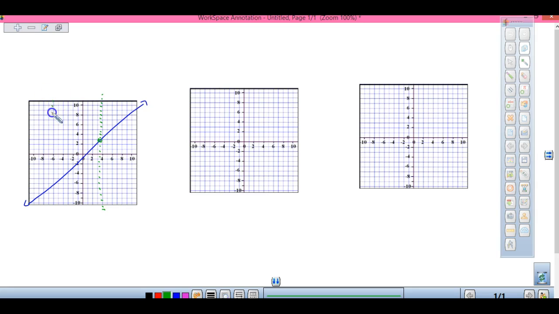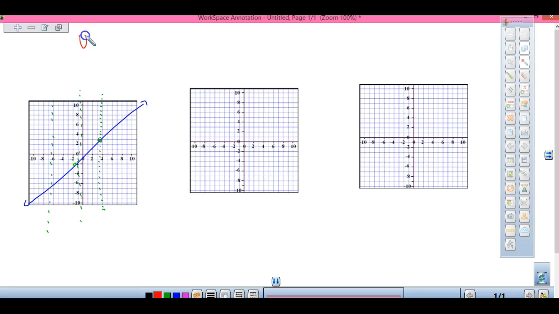How about where x is -6? How many times does that go through? Just once. How about when x is 0? Goes through right there, yep. So just once. This is how we tell whether or not it's a function.